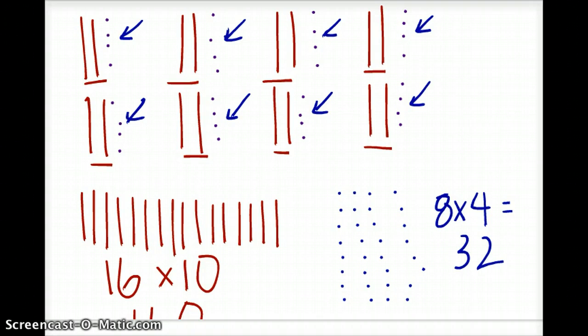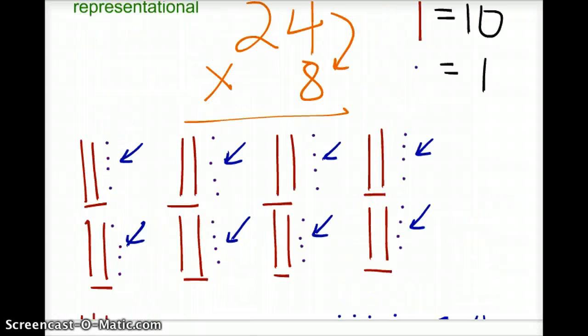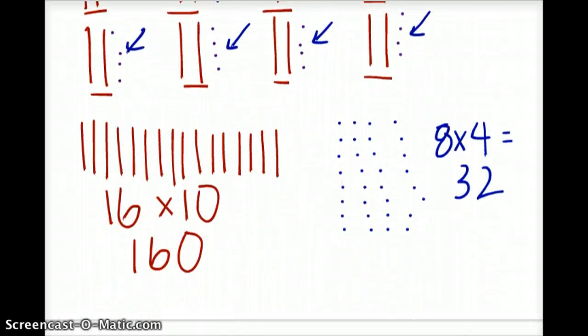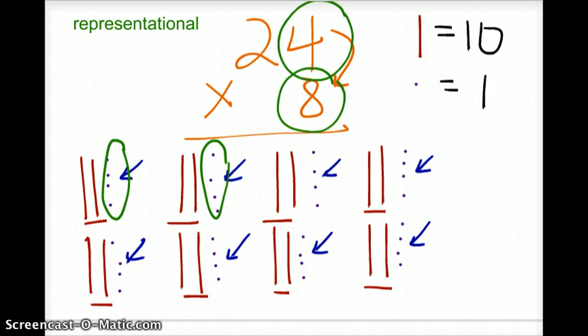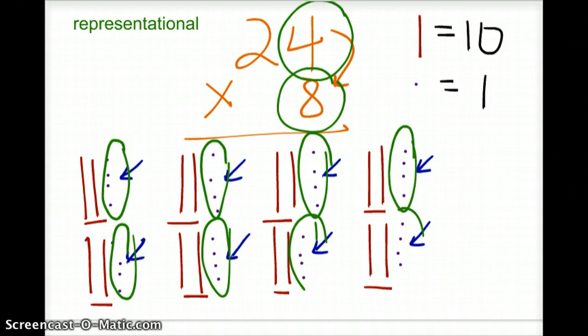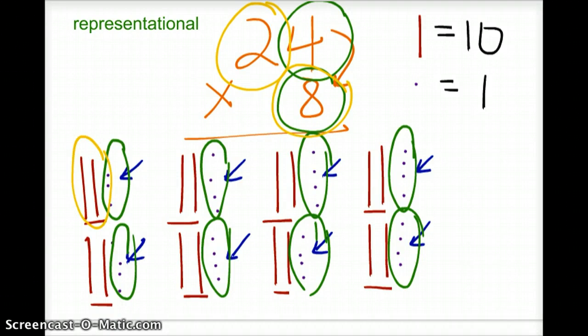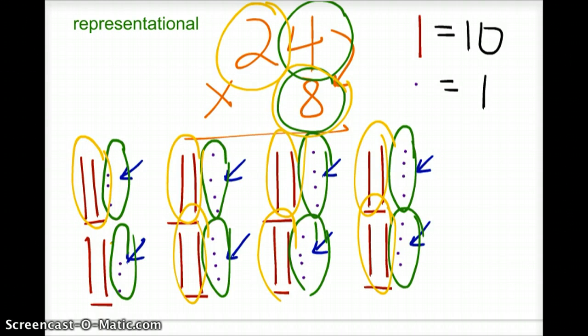So what we can help kids see is that 24 times 8 is really composed of 8 sets of 4 1s, 1, 2, 3, 4, 5, 6, 7, 8, and then 8 sets of 20s, 1, 2, 3, 4, 5, 6, 7, 8.